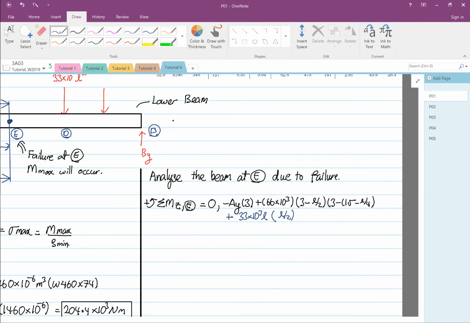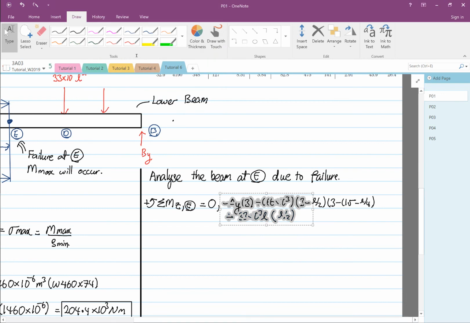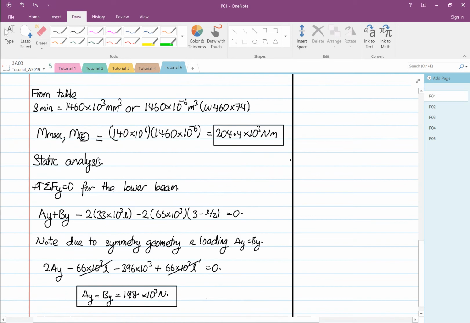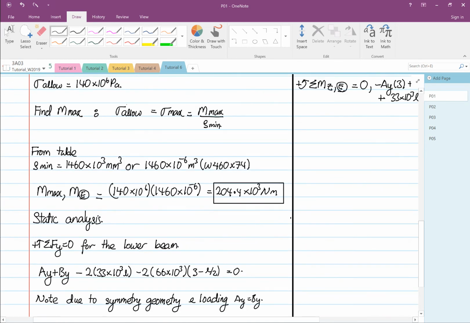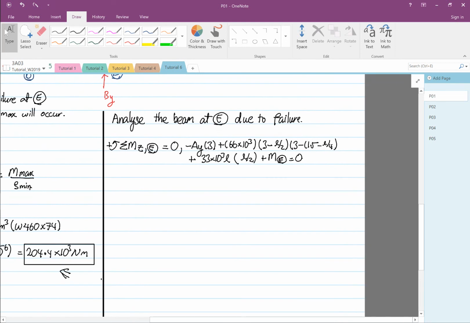Then you finish off with plus ME, the moment at point E, equal to 0. We know what the moment about point E is because we found that already. Next is just a matter of substitution.